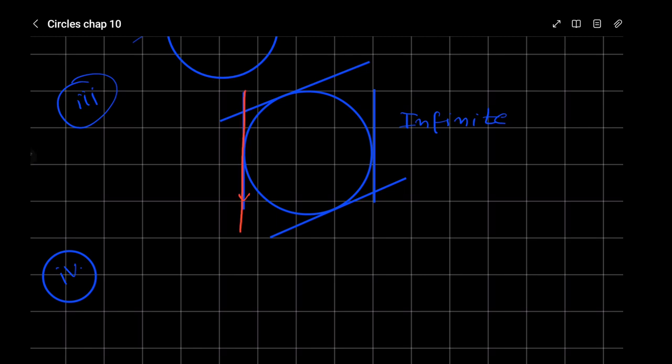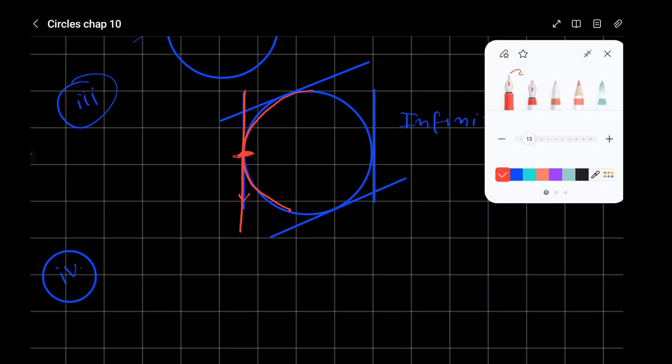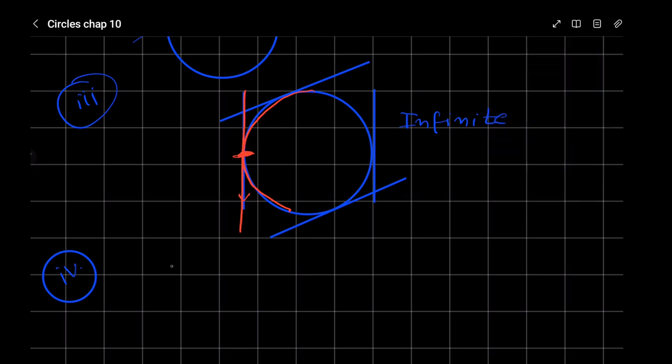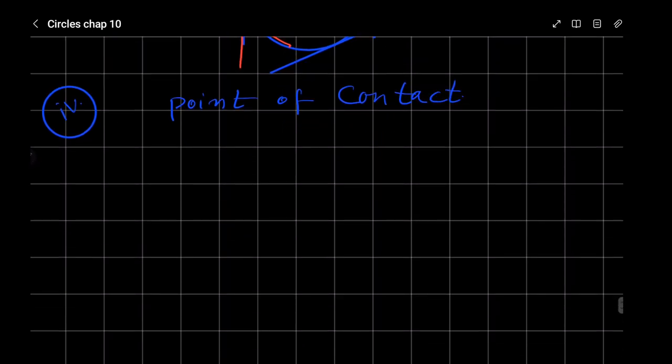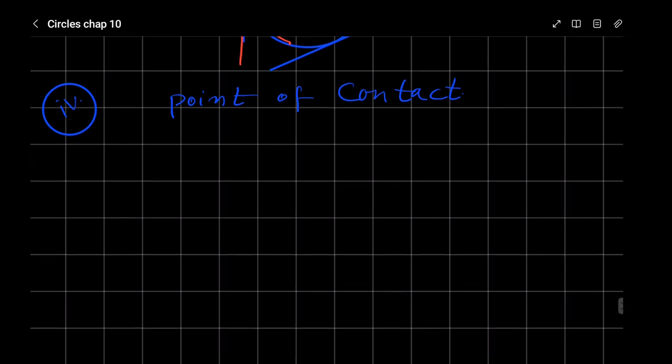This is a tangent and this is a circle, and only one point is common and it's here. So that is called the point of contact, obviously. And for any tangent, there will only be one point of contact.